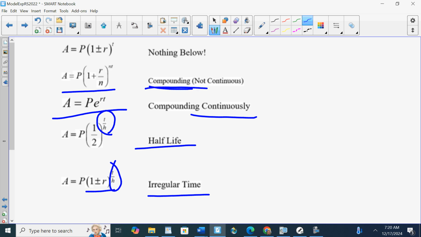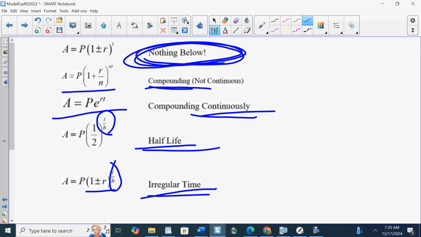If I don't see compounding, continuously, half-life, or a regular time, then we use our original OG formula, going back to Algebra 1, which is A equals P times 1 plus or minus R to the power of T.